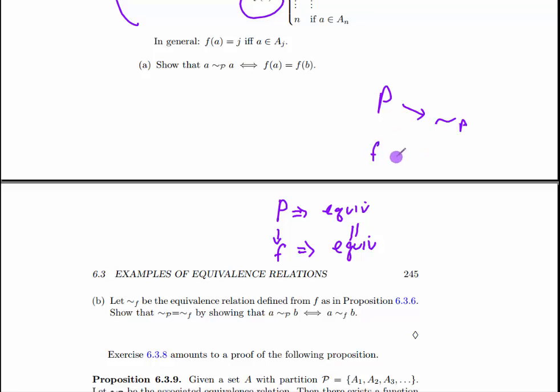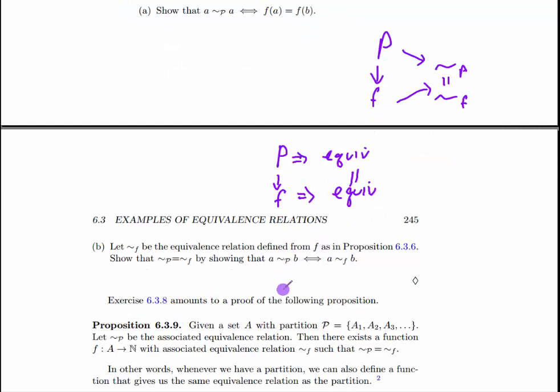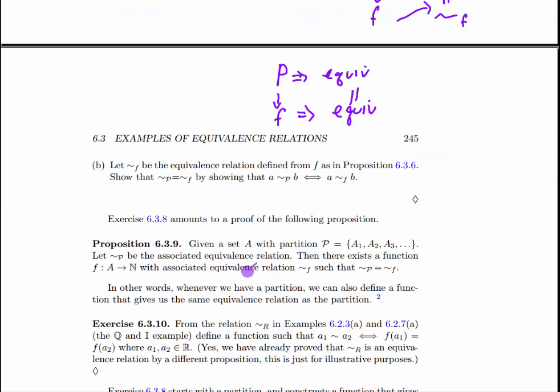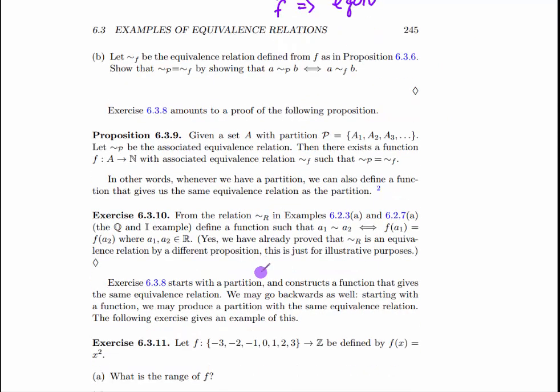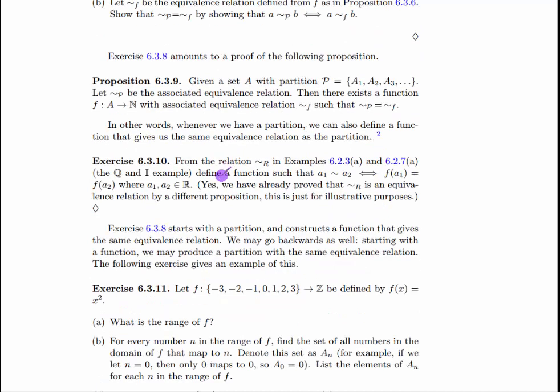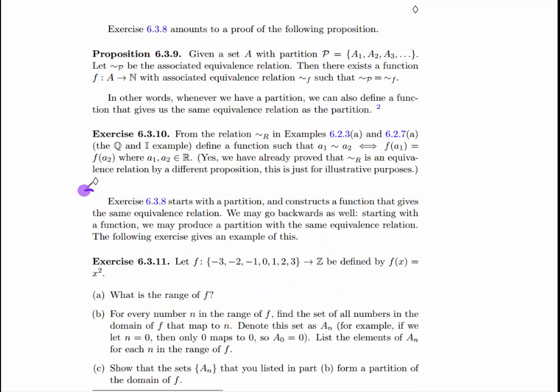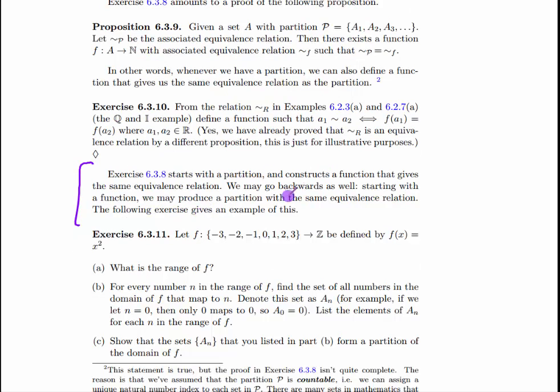Function goes to equivalence relation. And then from the partition, I can get a function such that these two are equal. So what we've said is that if you start with a partition, you can construct a function that gives the same equivalence relation. Now it turns out you can go backwards. You can start with a function and produce a partition that has the same equivalence relation.